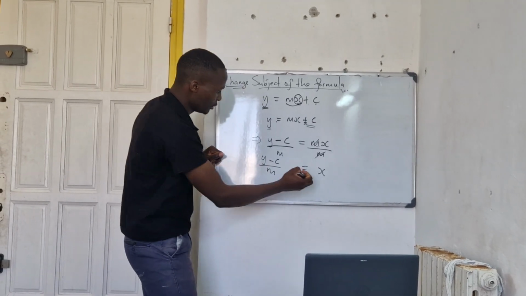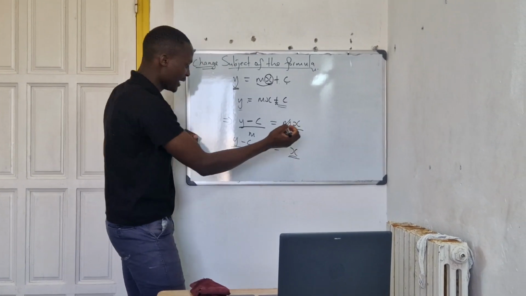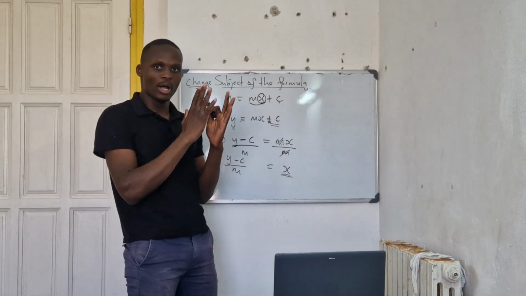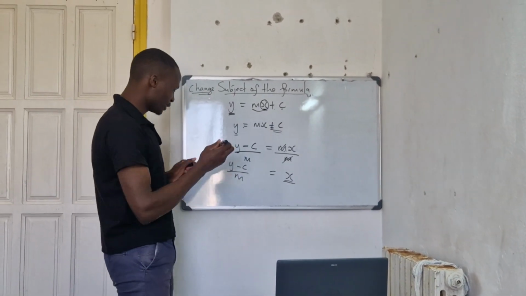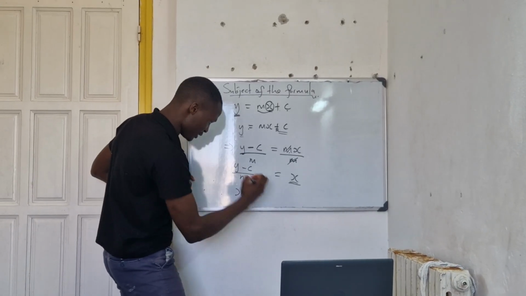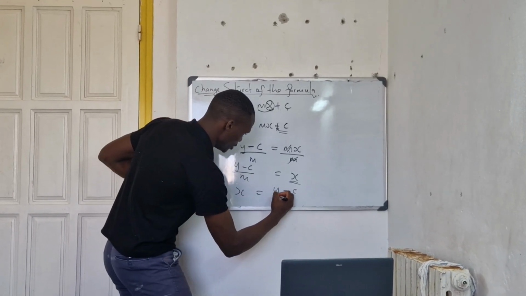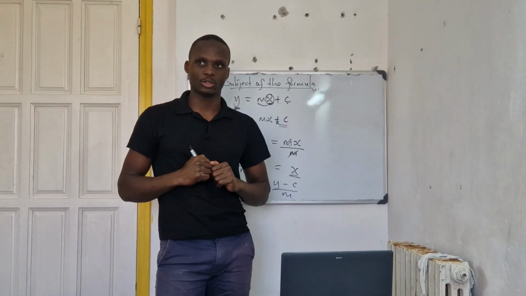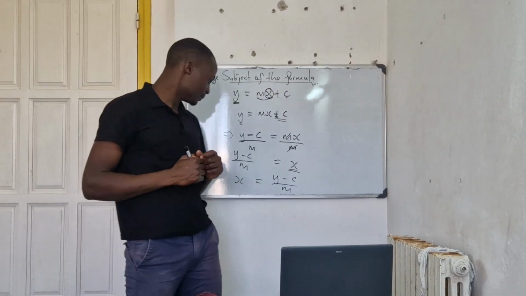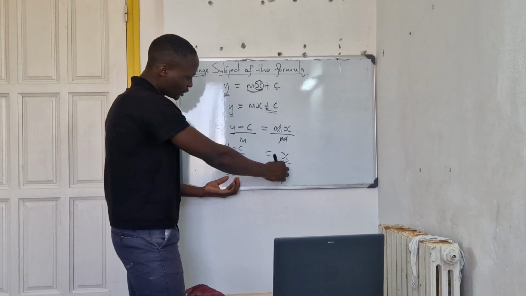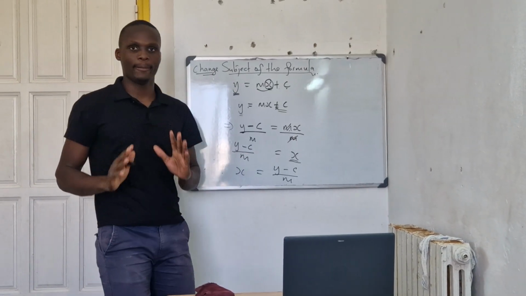Because now we managed to express x, leaving x on one side. It means that therefore x is equal to y minus c all over m. Now, to make x the subject of the formula. Why is x the subject of the formula? Because we are talking about x, saying x is equal to y minus c all over m.